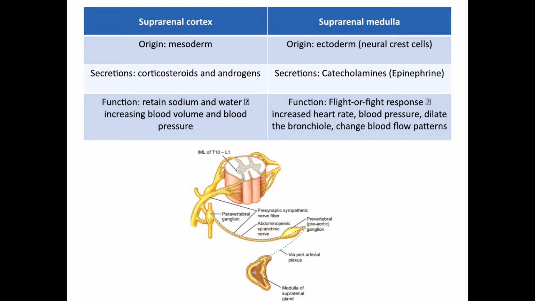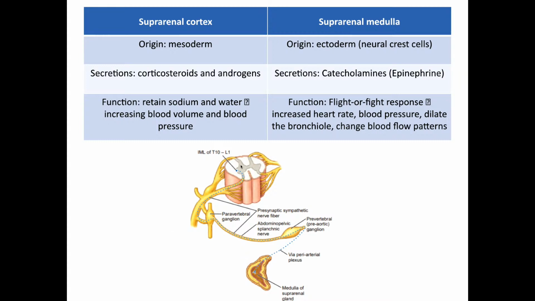This is our fight or flight response, meaning that we have the release of adrenaline, and some organs react: the GI tract says, okay, I need to stop working, while the heart starts working and the muscles work more. We have an increase in heart rate and blood pressure, dilated bronchioles, and changed blood flow patterns. So the idea of the neural crest cells, meaning the medulla, is this.